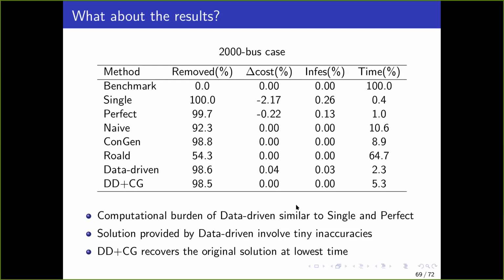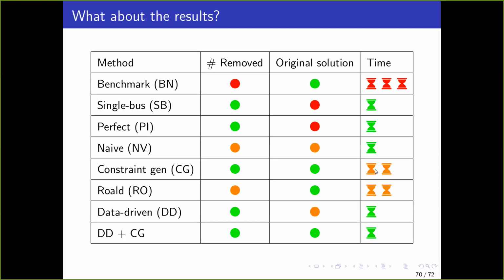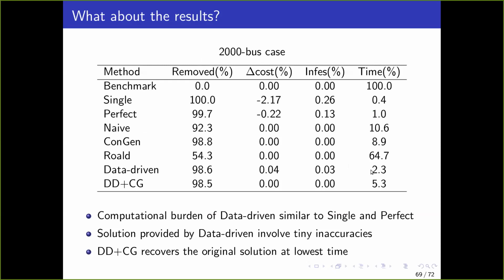As you can see, the computational time of the data-driven method that we propose is similar to the single bus and the perfect information method, but the errors that these methods involve are much lower. So this is 0.04% error in the cost and 0.03% in physical cases.